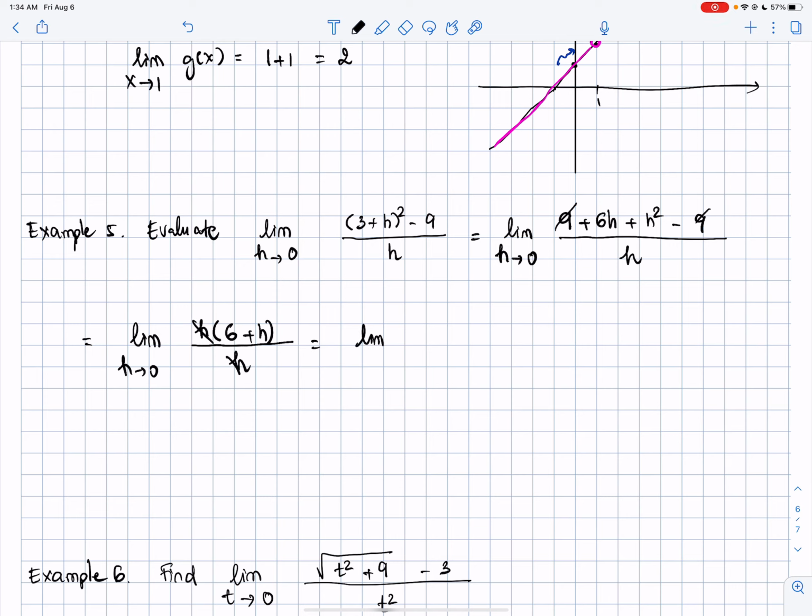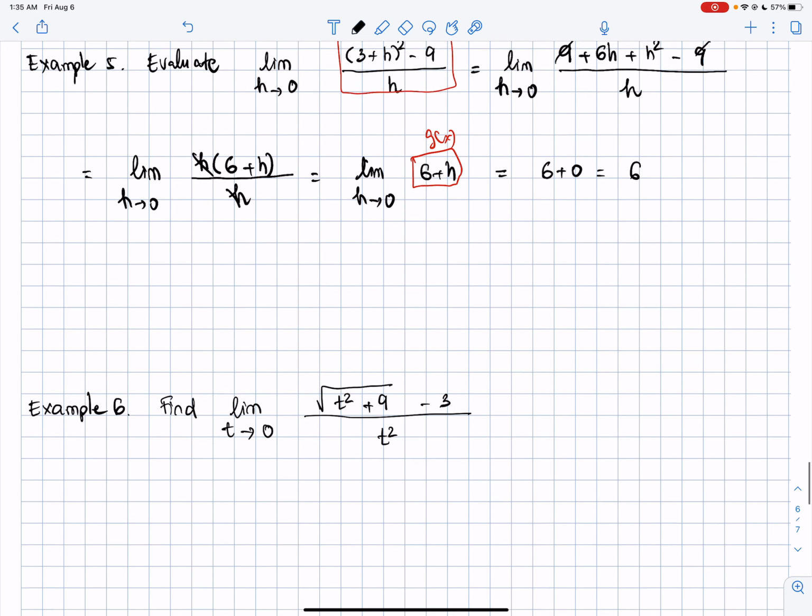So we got the limit of 6 plus h when h approaches 0. This is the function f of x, and it is the same as the function g of x, and they are both well defined when h equals 0. Now you just simply plug in 0 into the h. So you get 6 plus 0, and the answer is 6.